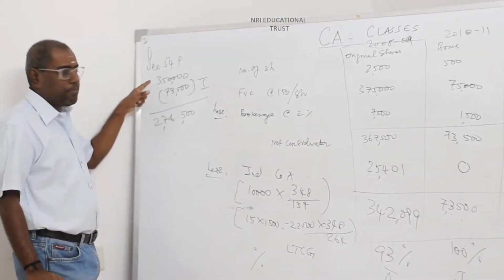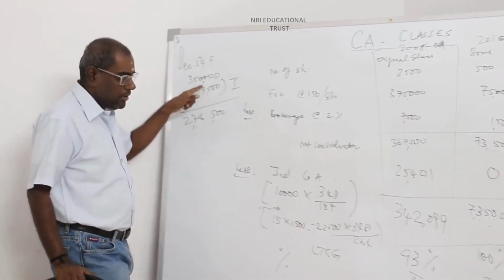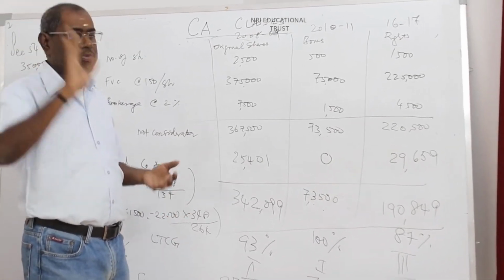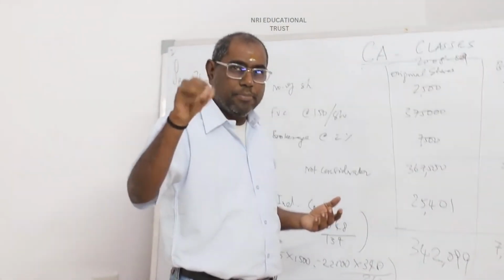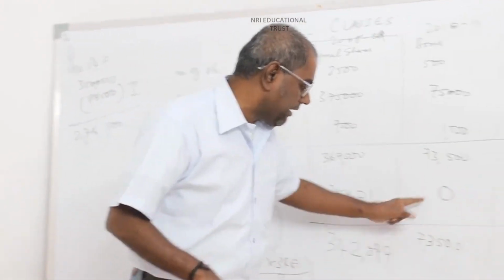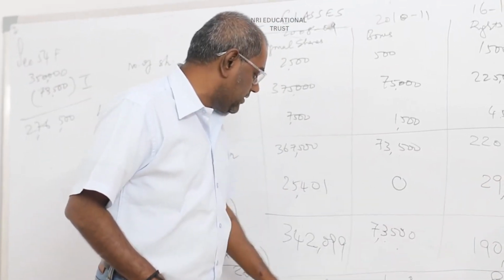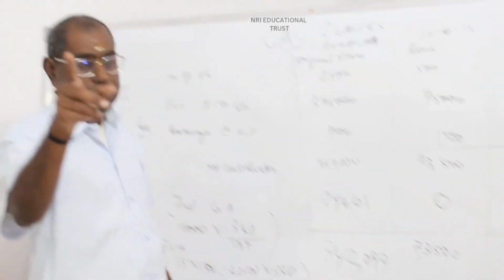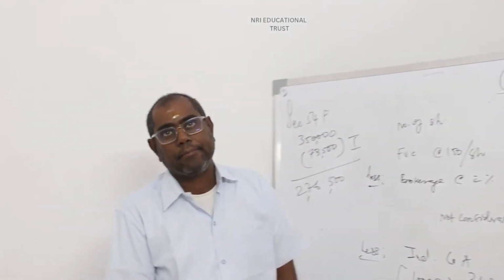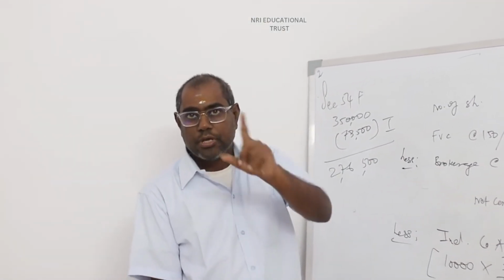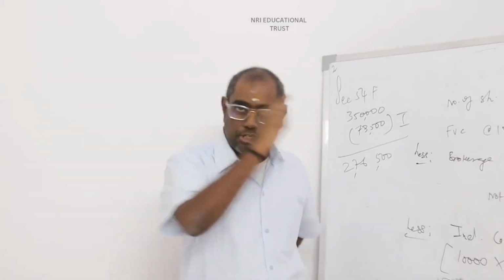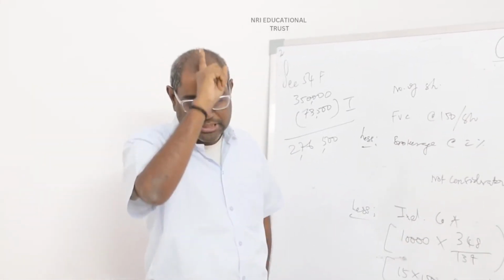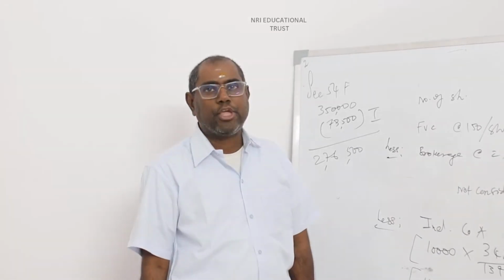The total 54F exemption possible is 3,50,000. 54F is a net consideration section, that means the exemption will be based on net consideration. So we did the ranking: this is first rank, this is second rank, and this is third rank. We utilize the 54F exemption based on the ranking. It has been asked 3 times in examination, and this problem is given in the revision test paper. Practice this problem. Thank you very much.